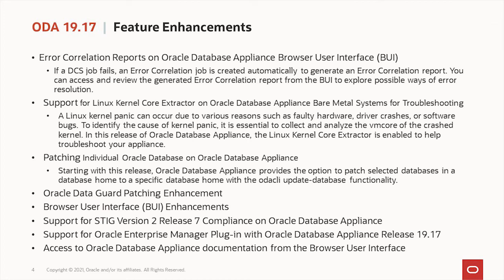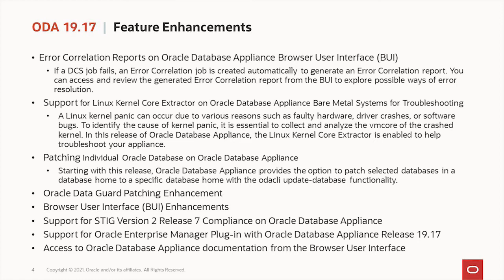So the main enhancements: it's not a loaded major release. There are just some enhancements that are going to help with the serviceability, maintenance, and management of the unit. The first one is error correlation reports on the BUI.